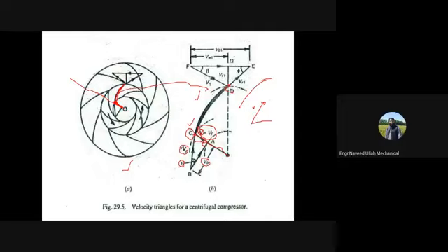One will be the flow component, and the other one will be the tangential component. That tangential component of the velocity is causing whirl in this blade, and that is basically known as pre-whirl. तो pre-whirl का एक phenomena यहाँ पे होता है.